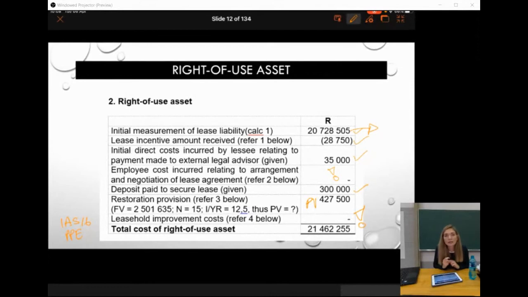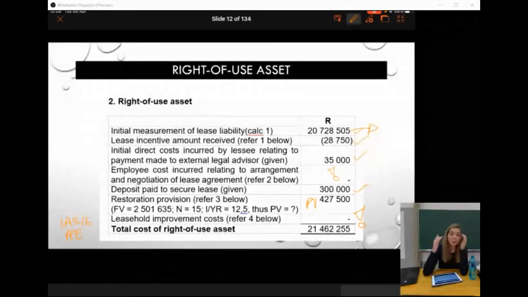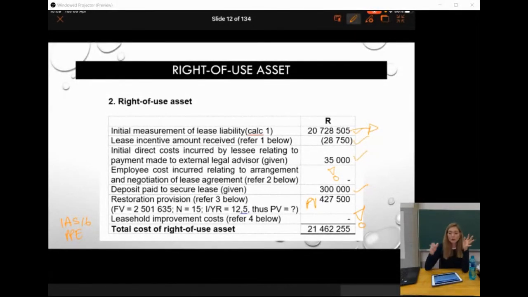Okay, so the leasehold improvements are, for example, when we enter into a lease for an office building, usually what happens is that office building is given to us, we only get the shell. So we decide ourselves how we want to use that space.